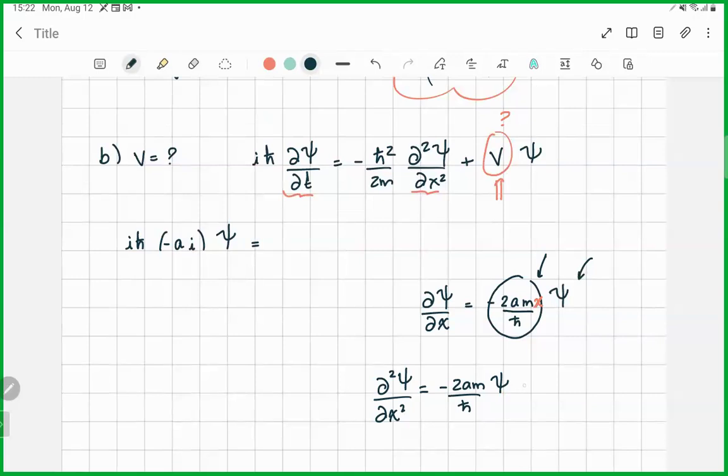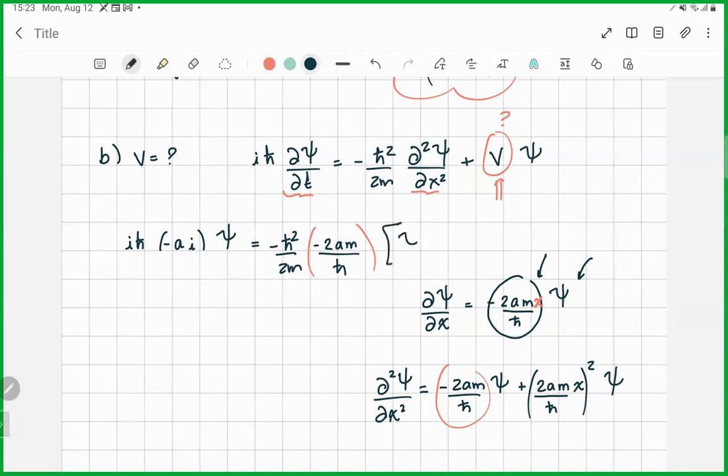So we have minus h bar squared over 2m, and then we have all that term. I'll put what we have in common, minus 2am over h bar. So I just copied this because this appears also in the other term.